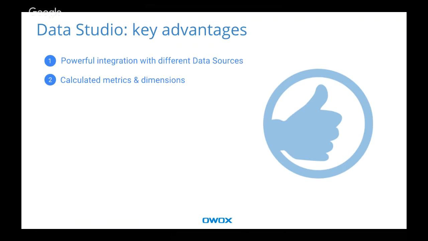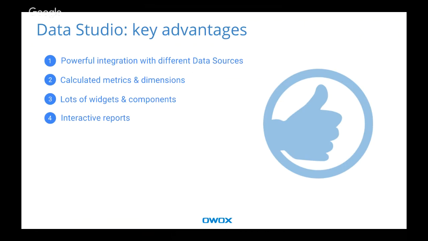You can use one data source and make some calculations in that particular report or dashboard in Data Studio. It has lots of widgets and components that help to add more functionality to your data, and it has really powerful capabilities.